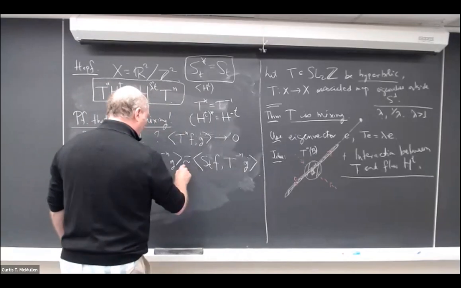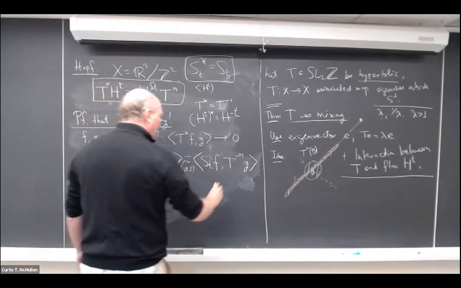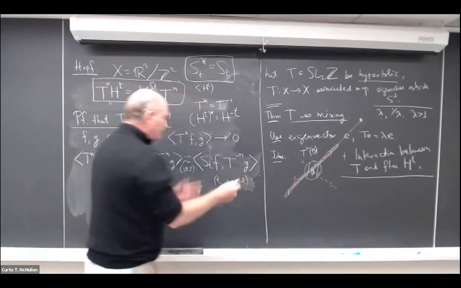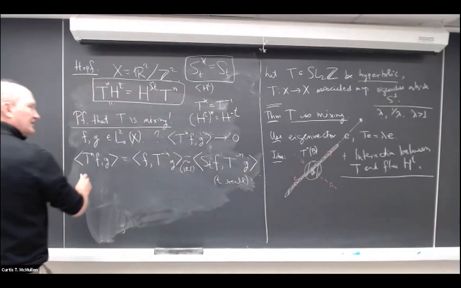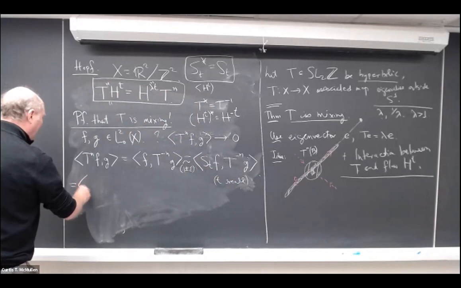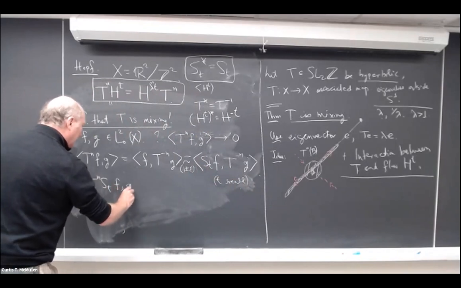So this is equal to within a factor of, say, 1 plus or minus epsilon, as long as t is very small. Now just jiggle the function f a little. But now watch. So if we now write this, let's move the T back over to the other side. So now we have T to the n S_t f inner product with g.